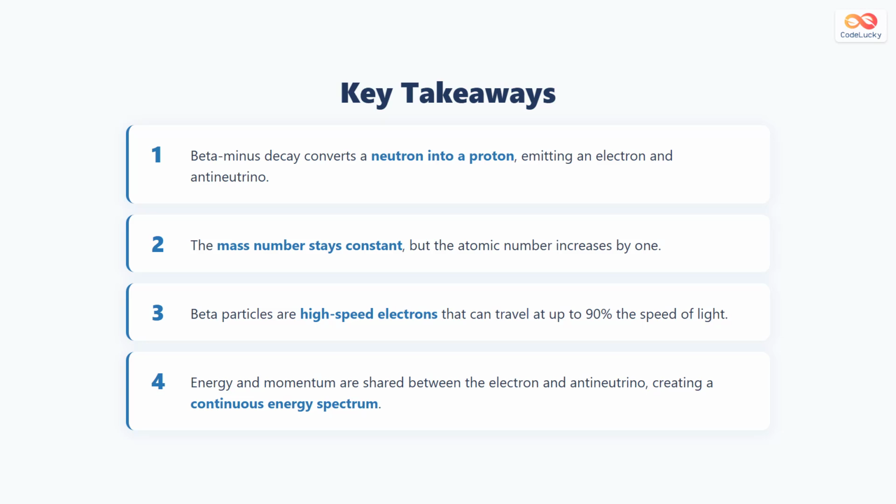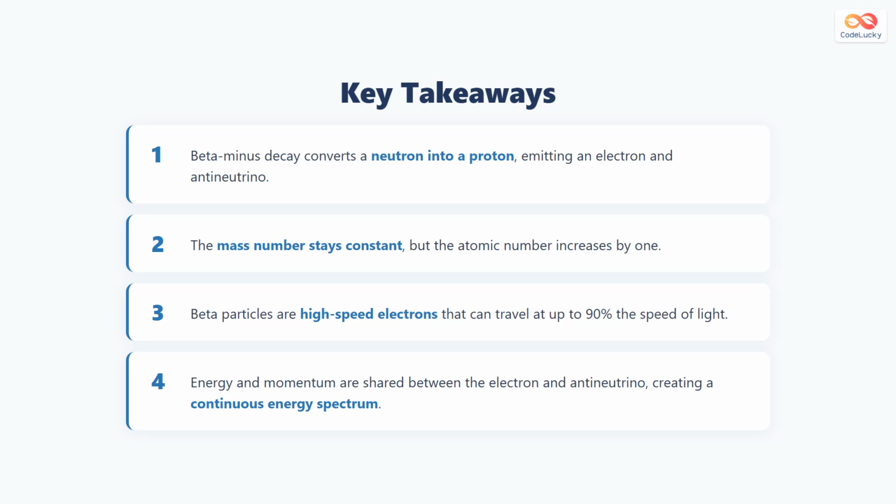Let's summarize the key points. First, beta-minus decay converts a neutron into a proton, emitting an electron and an antineutrino in the process. Second, during this decay, the mass number stays constant, but the atomic number increases by 1, meaning the element changes. Third, beta particles are high-speed electrons that can travel at up to 90% the speed of light, giving them considerable energy.